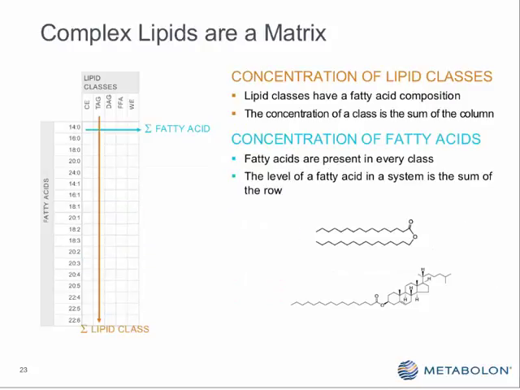And what's really important is not to think of these as necessarily individual species, but to think of them as a matrix, where one array is essentially the head groups and the other array is the fatty acids that make them up.